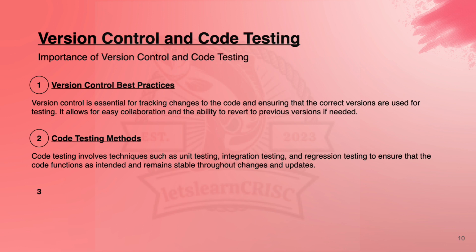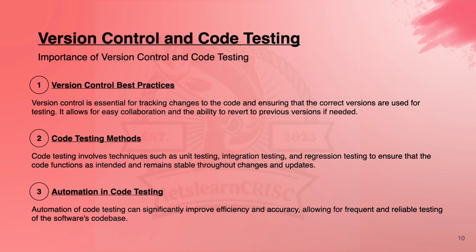Next is automation in code testing. Friends, automation in code testing means using tools and scripts to perform the tests automatically. This improves efficiency and accuracy, allowing frequent and reliable testing of the software code.